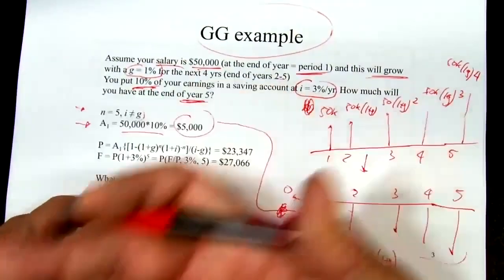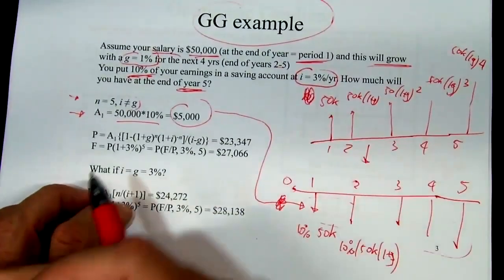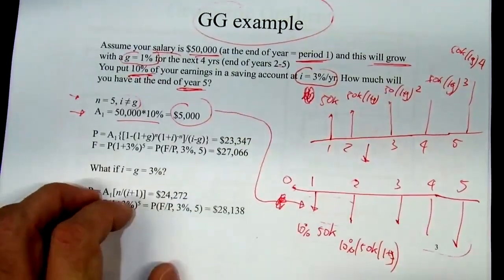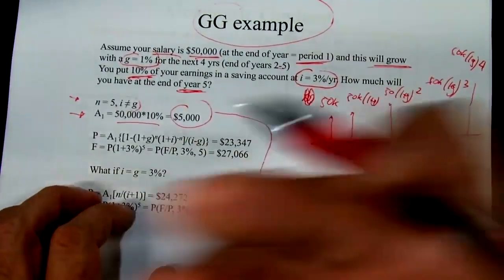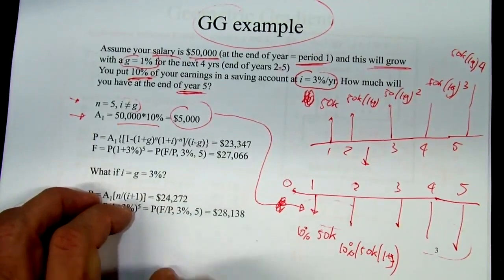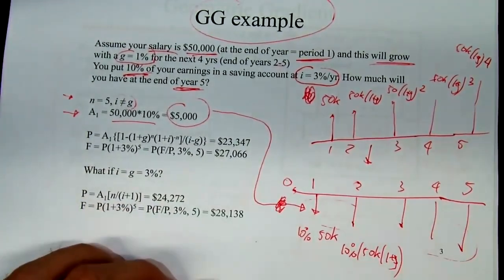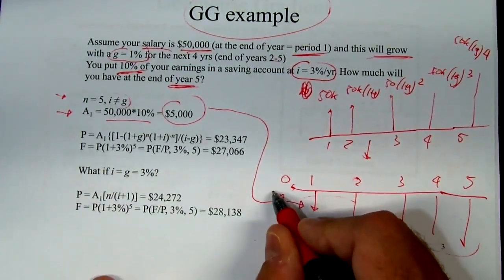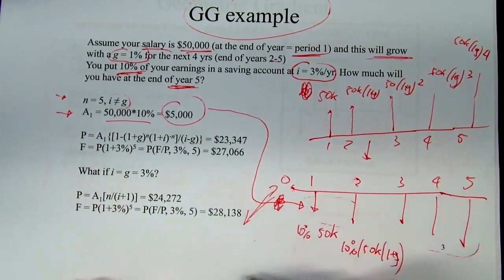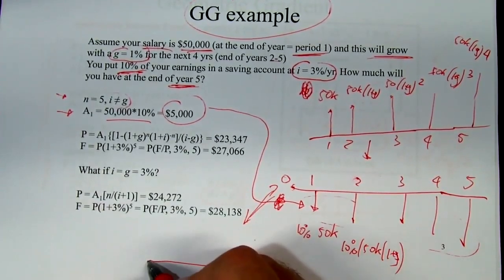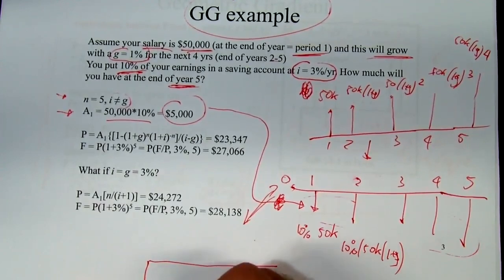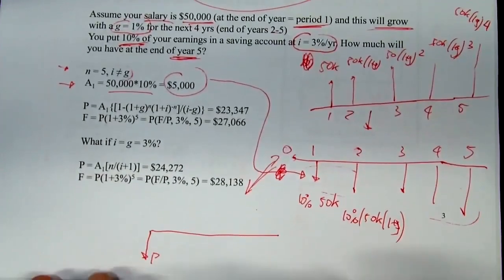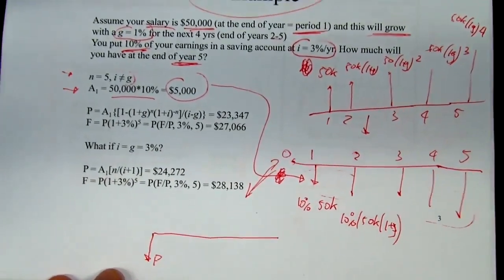Because the next arrow will be the previous value multiplied by 1 plus G, okay? Given that, the first step is to find an equivalent P, which doesn't exist. We are only calculating the equivalence of this cash flow.